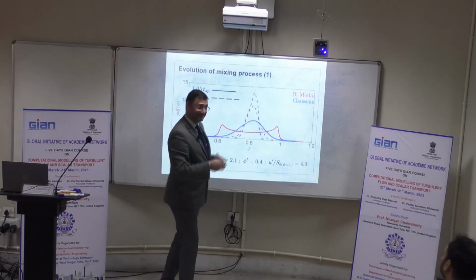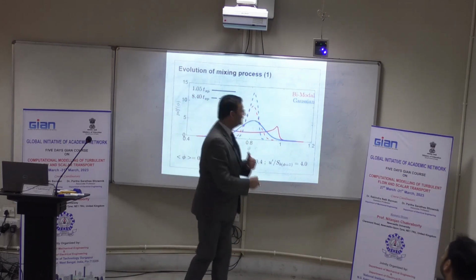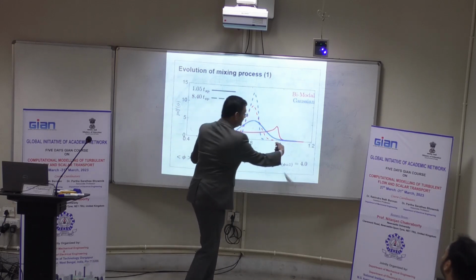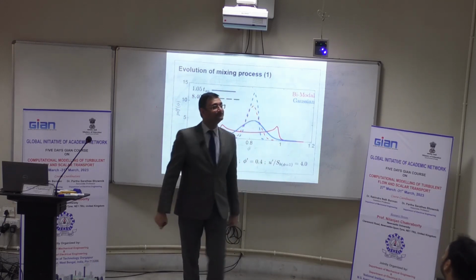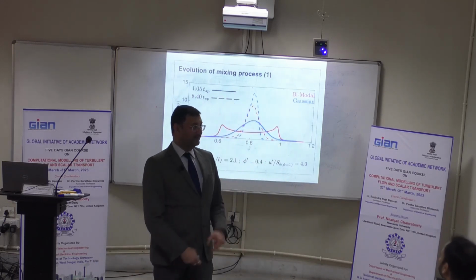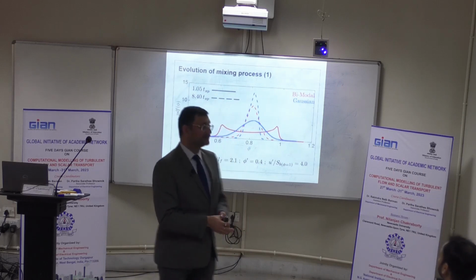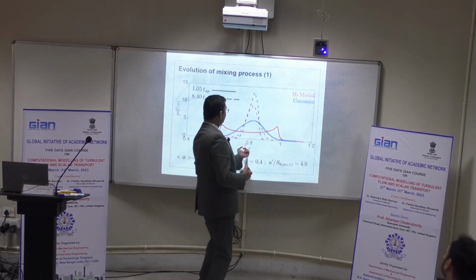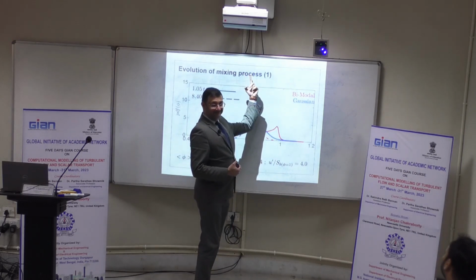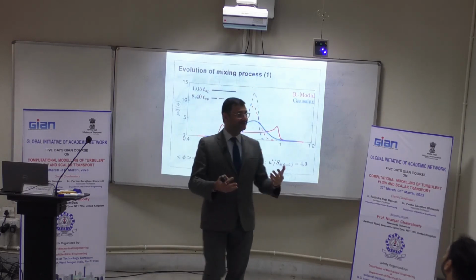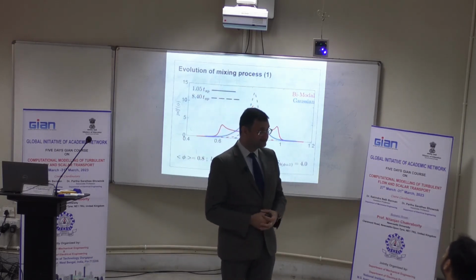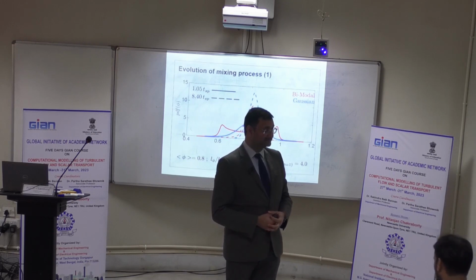The Gaussian distribution remains Gaussian, but the peak goes up and the PDF becomes narrow. Why? As the mixing progresses, ultimately you are going to get a delta function, because everywhere the concentration will become the same for both cases. Clear?